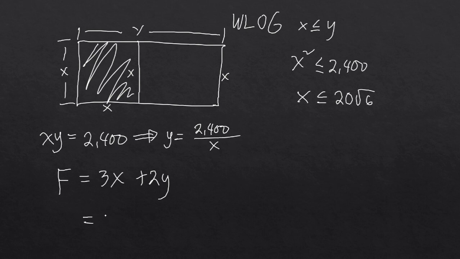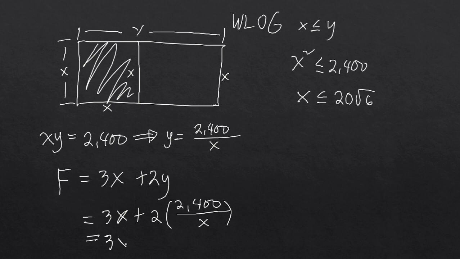In this case, it becomes 3x plus 2 times y, and y is 2,400 over x. If we simplify it further, it becomes 3x plus 4,800 all over x. And that is our f.